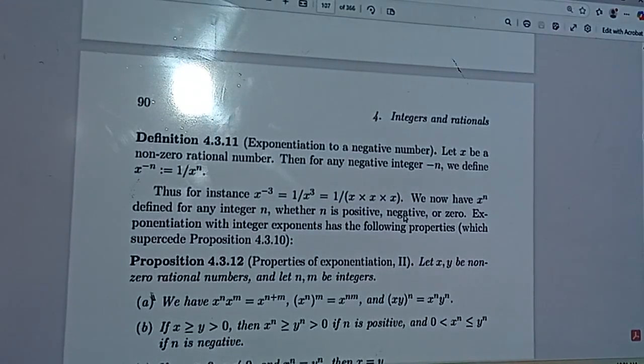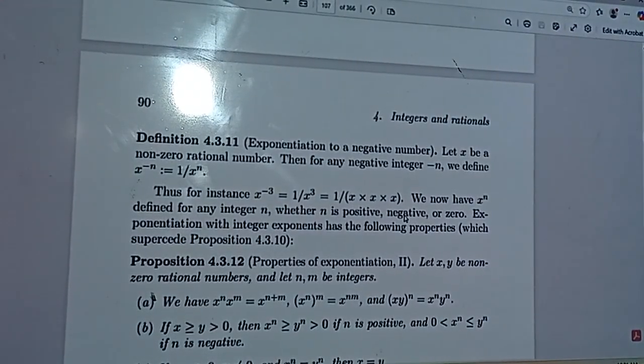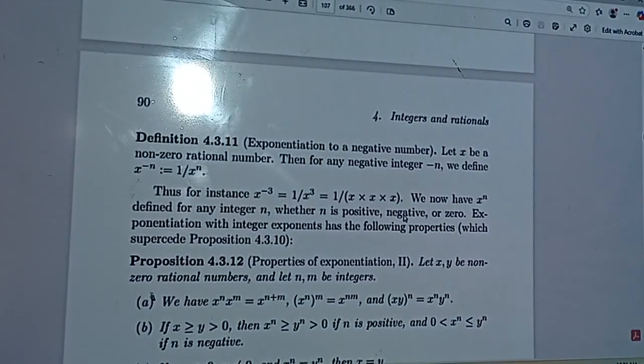I don't know because I myself haven't written a proof. But you have to write a very clear proof, even though it is not analysis type, it is algebra, but it must be very clear. Again, x to the n raised to the power m is x to the nm, as well as xy to the n is x to the n y to the n.